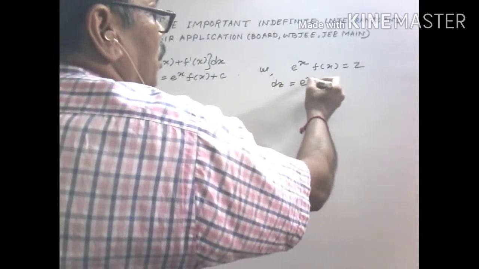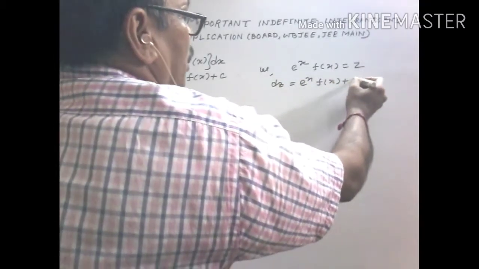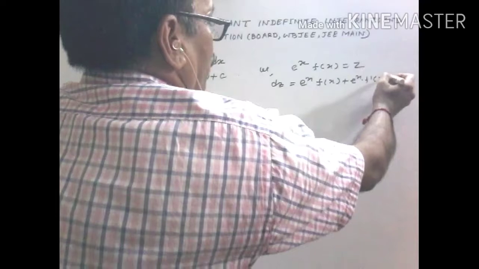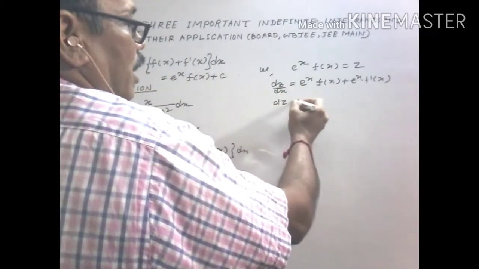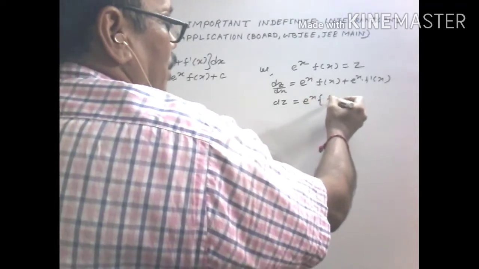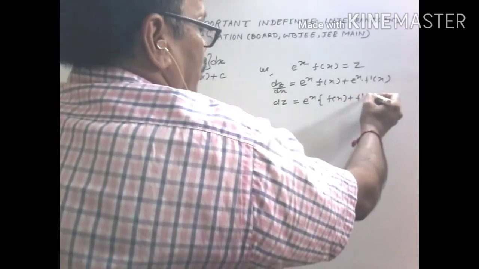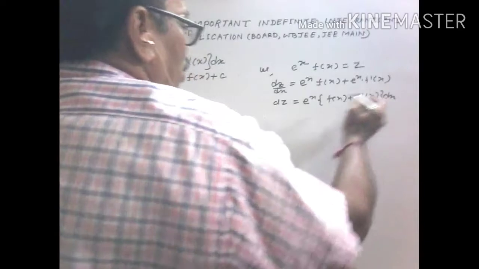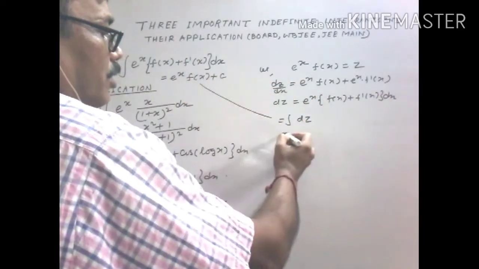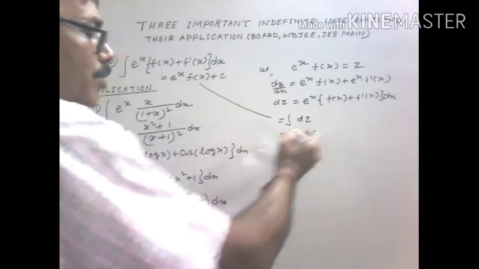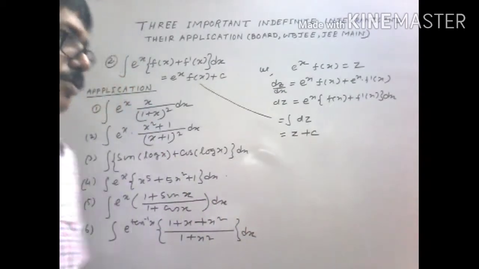Now look, by the product rule, dz by dx is e to the power x fx plus e to the power x f dash x. So what is dz? E to the power x into fx plus f dash x dx. So the integral reduces to the integral of dz, which is z plus c.